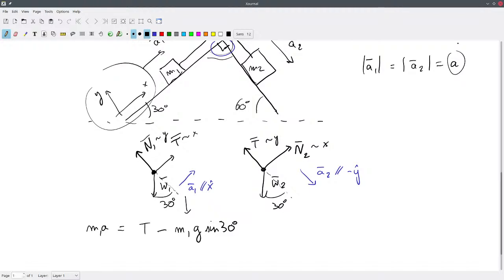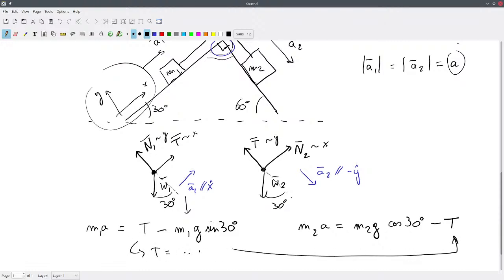And then in the second case, m2 times a is the weight, m2 g times the cosine of 30 degrees, minus T. And now we could extract T from this, plug it into here, and extract the value for a.